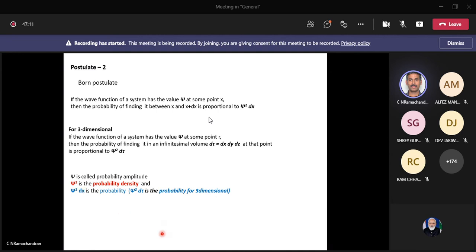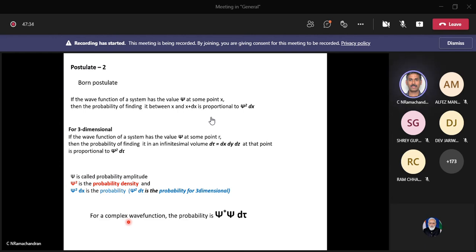If it is one-dimensional, then it is fine, dx. The probability amplitude has no meaning, but psi square is the probability density, and if you really want the actual probability, you have to integrate over that space.